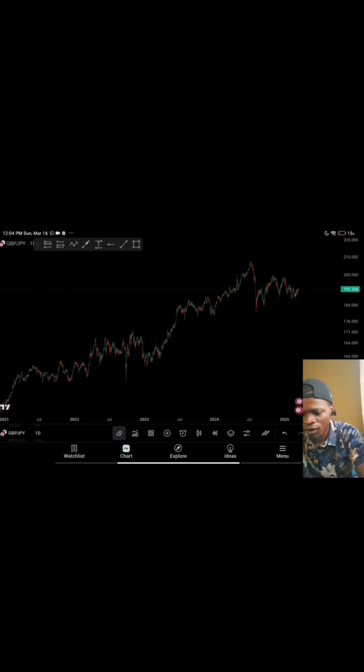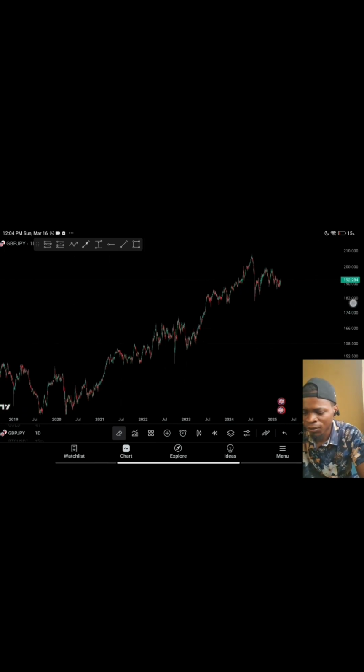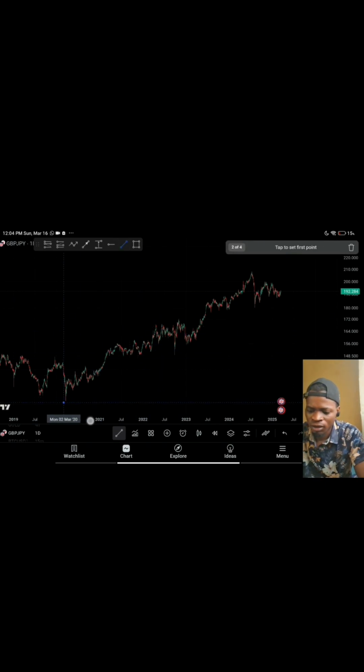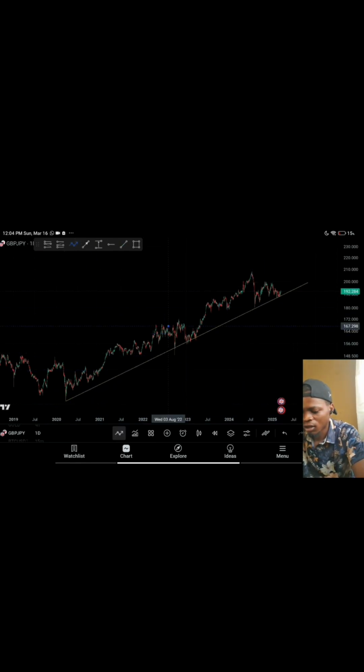So first of all, looking at this pair right here, GBPJPY, without analyzing, you already know that this market is completely bullish. You can see, because you're having a series of higher highs and higher lows.